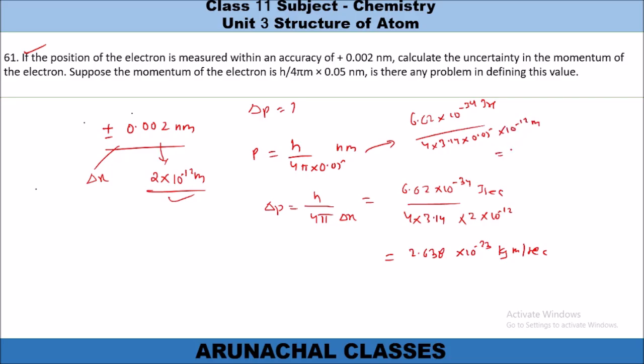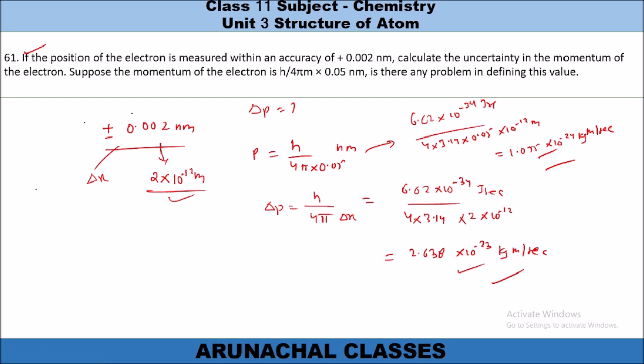When we solve this, it will be 1.055 into 10 power minus 24 kg meter per second. Now we compare these values: the actual value of momentum is less than the uncertainty in momentum.